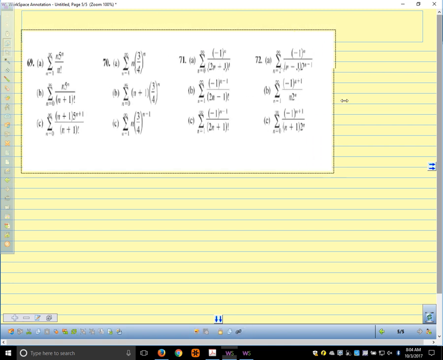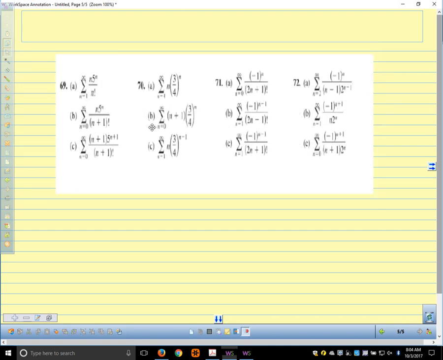So in this column, what we want to decide is which 2 of these represent the same series. Now some of them are indexed differently, some of them have some different things going on. So we want to decide which ones are the same.